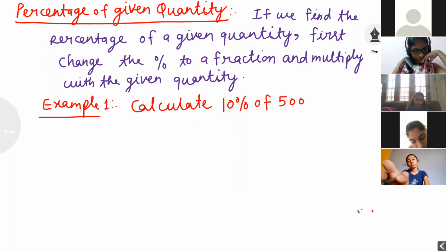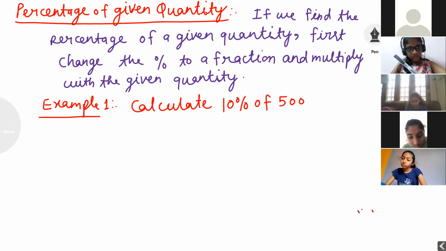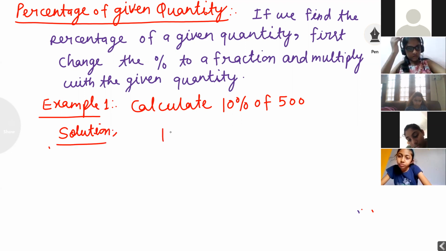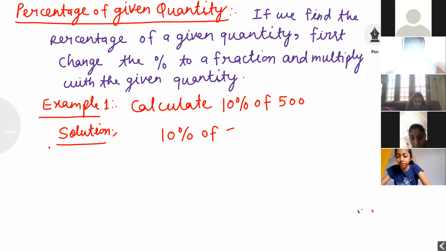Solution: how to solve this question. The question has given 10 percentage of 500. What concept have I given?